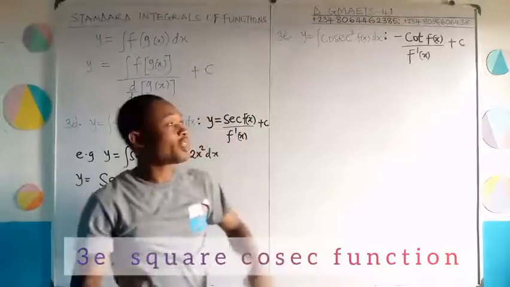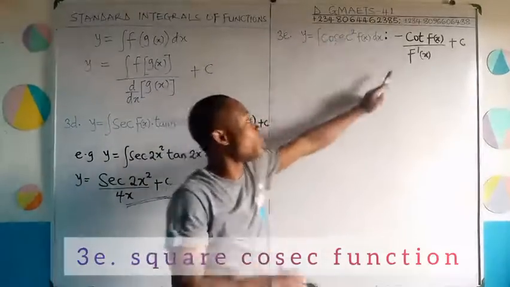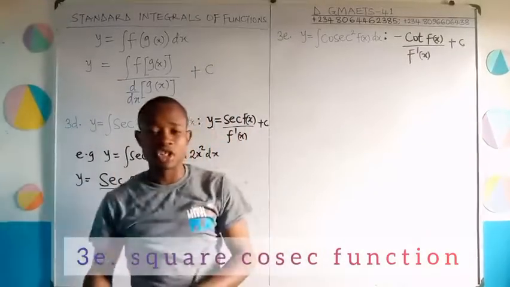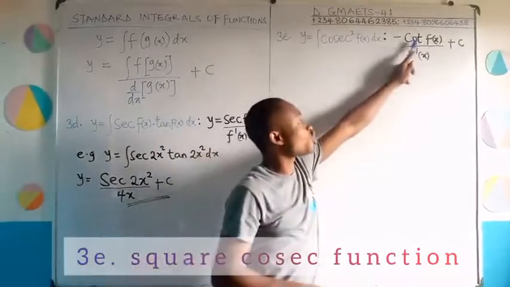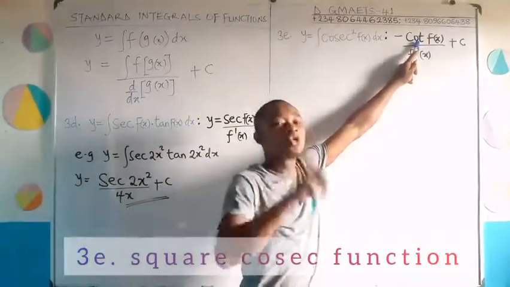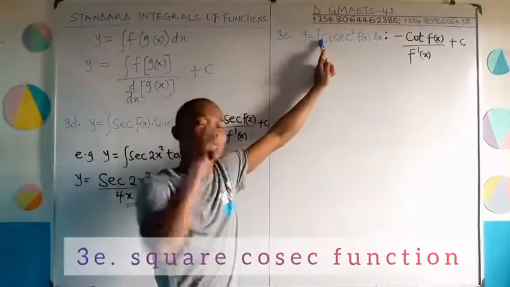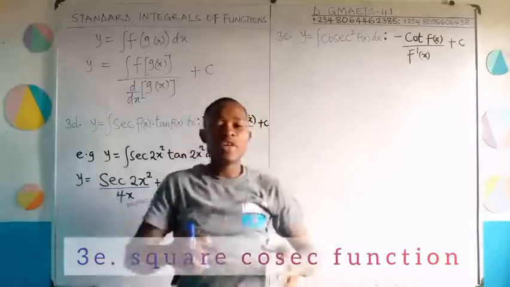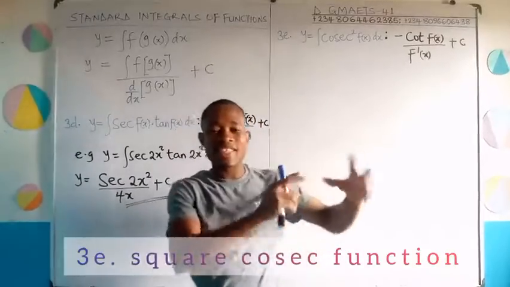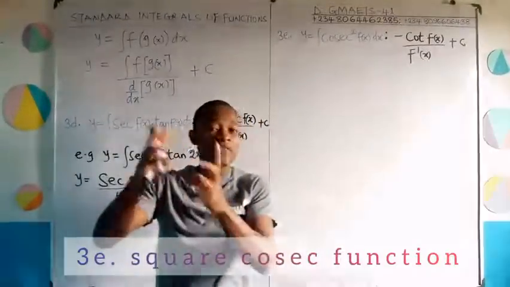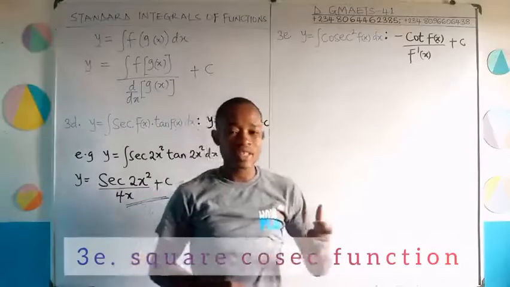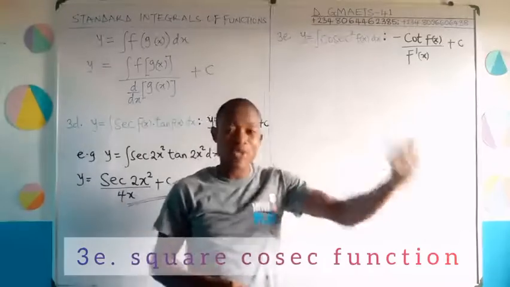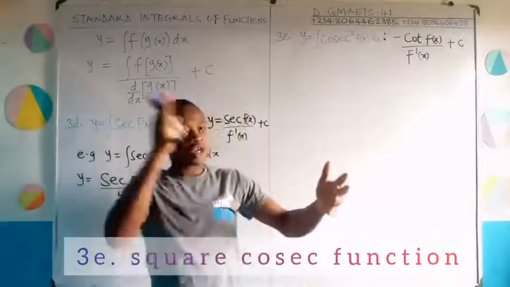So did you take note of something? Standard integral of cosec square will give you what? Minus cot. The reason is, under differentiation, you differentiate cot to get minus cosec square. So if at all we want to integrate a cosec term to get positive cot, then we should be integrating negative cosec square, that's minus cosec square, to obtain cot.